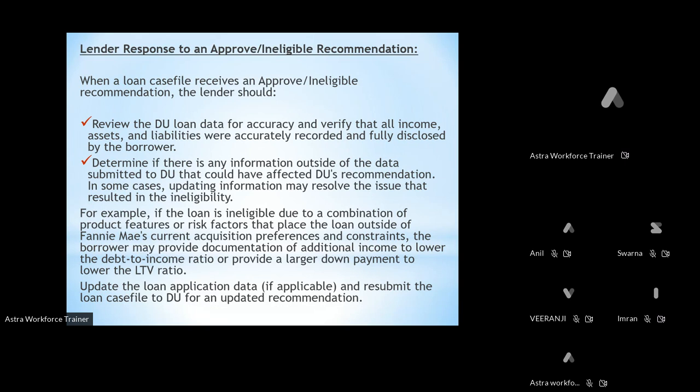If that is less, then the borrower needs to pay a larger deposit amount, that is, a down payment amount. Then that will impact the borrower's stability as well as the future. That will be a risk factor for the lender. That's why it is approved ineligible.